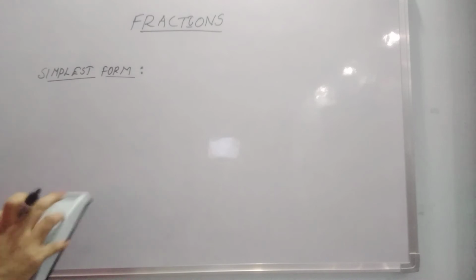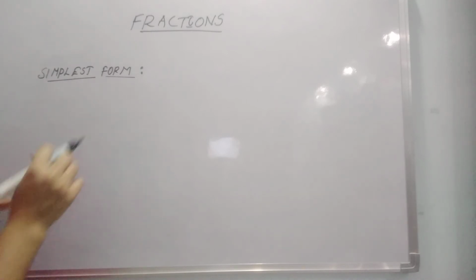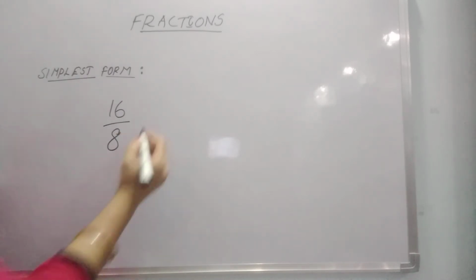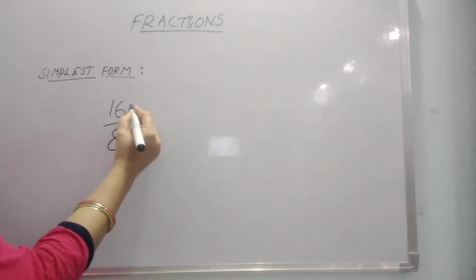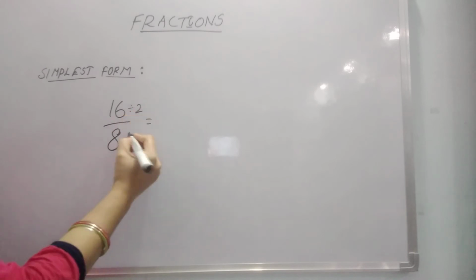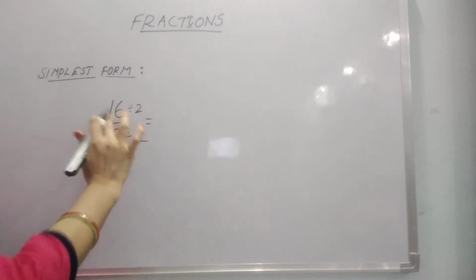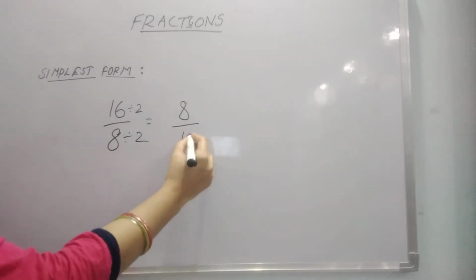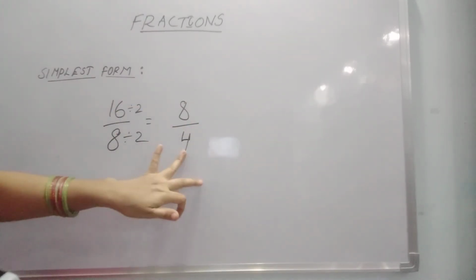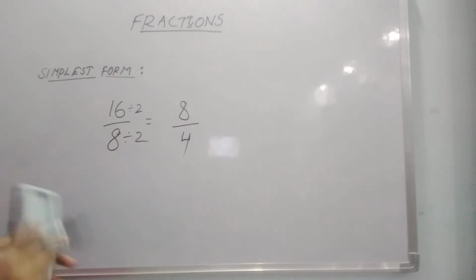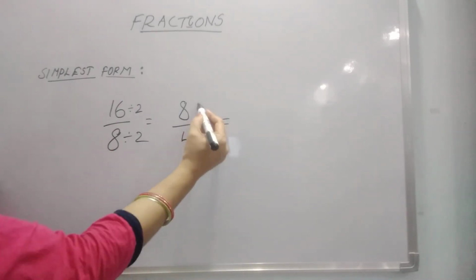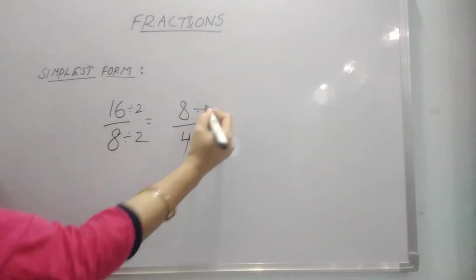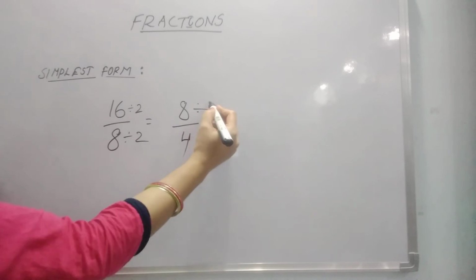How can you write a fraction in simplest form? Suppose 16 by 8 is a fraction. If you divide both by 2, 16 divided by 2 is 8, since 8 2s are 16, and 8 divided by 2 is 4, since 2 4s are 8. This is a simpler form of 16 by 8, but it can be simplified further.